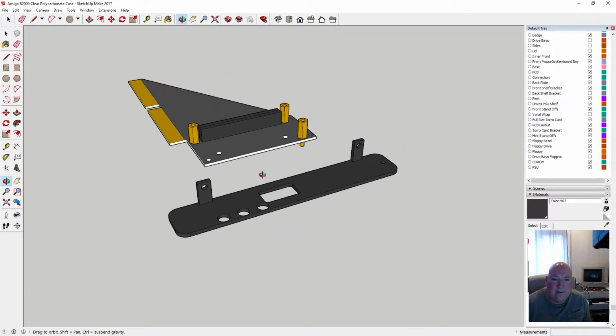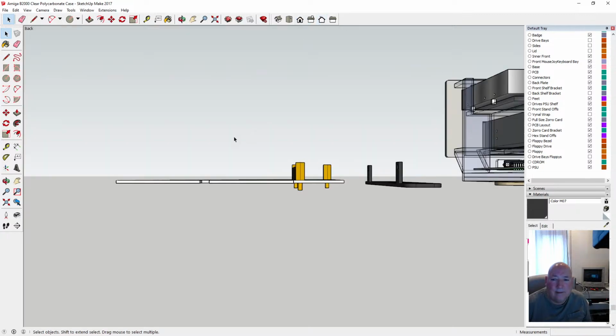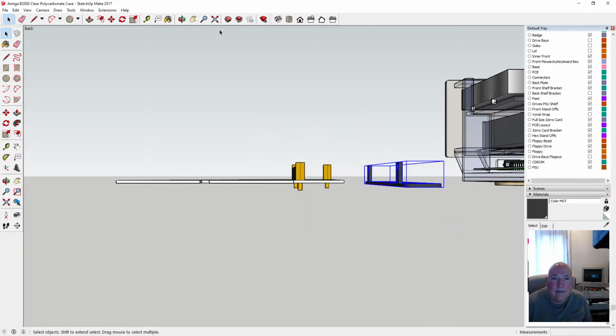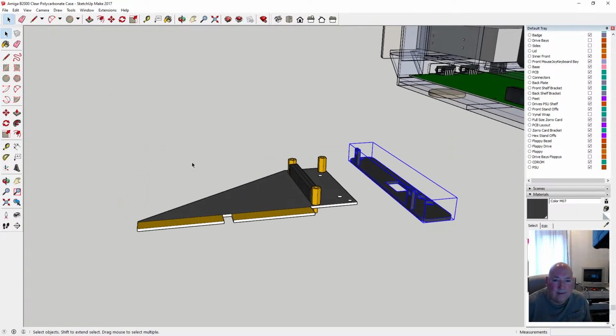Right, so we'll make this a bracket. Hang on. Let's just make that a component, and we really ought to make this a component without that and that.